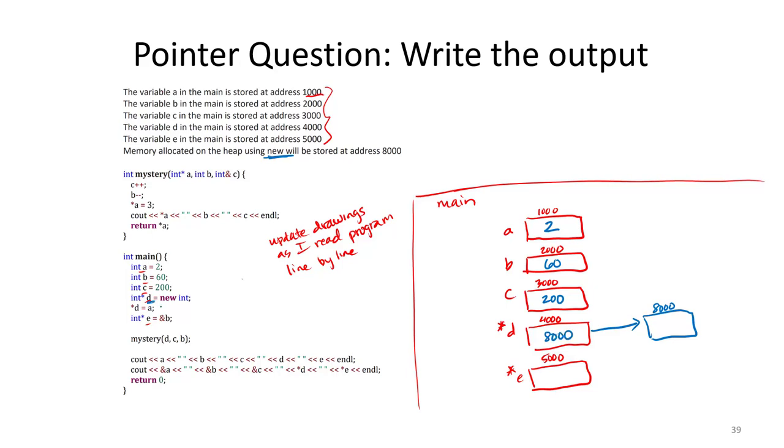Remember, since D is a pointer, D is going to hold the memory address 8000 where the new int was created. So notice here, my pointer D is going to be pointing to that new int.